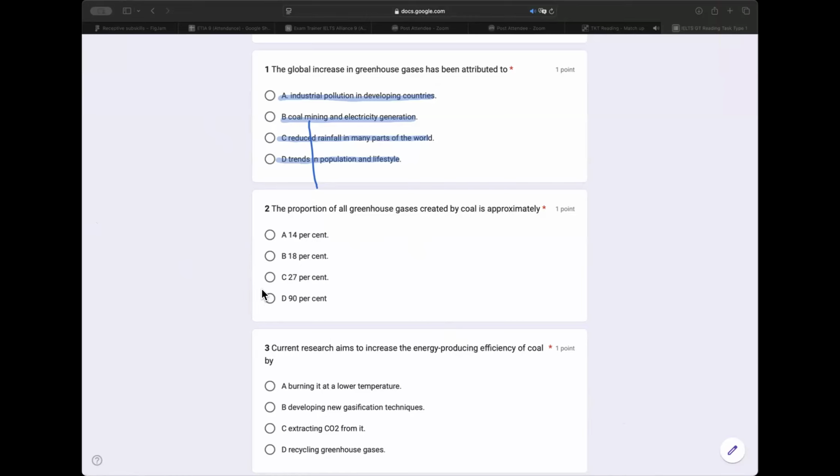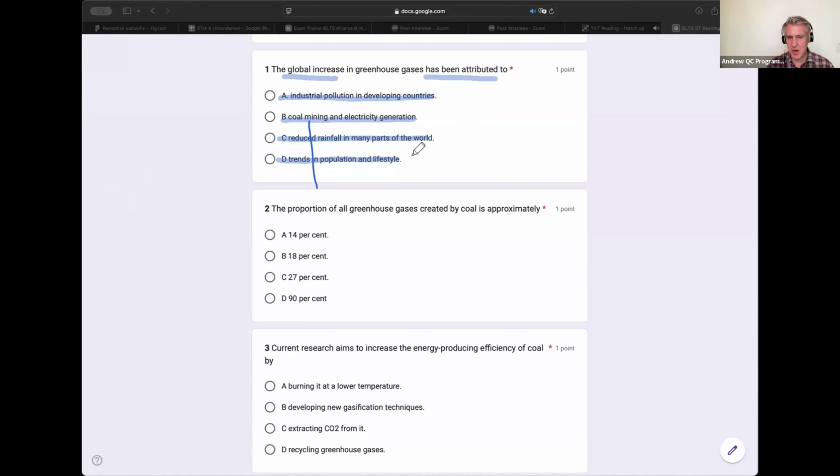Before you read the text, can you think of any synonyms or reformulations of those words?